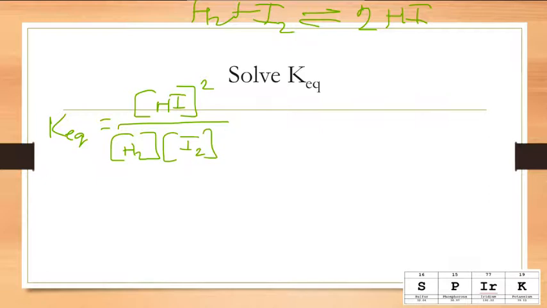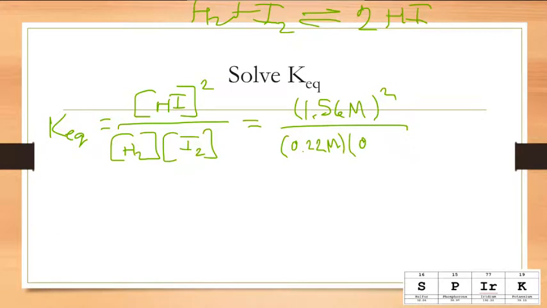And we know that we are in a 1 liter flask, so we can just divide our mole values by 1 liter. So we have 1.56 molar, or moles per liter, remember, squared, divided by 0.22 molar times 0.22 molar. When we multiply and divide this through, we are left with a KEQ value of 50. So remember, a KEQ value of 50 means that we have some products and some reactants. One isn't really favored over another.